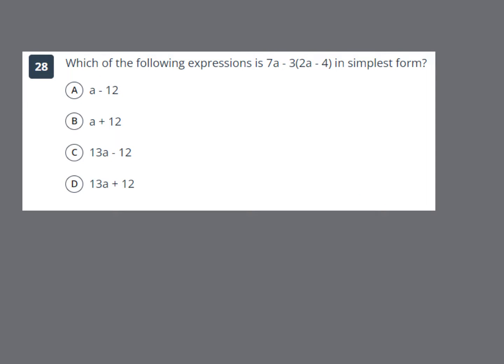It's all good, though. Which of the following expressions is 7a minus 3 times the quantity of 2a minus 4 in simplest form? Well, let's see. I do need to rewrite this. It is far too small for my ginormous handwriting. Minus 3 times the quantity 2a minus 4.